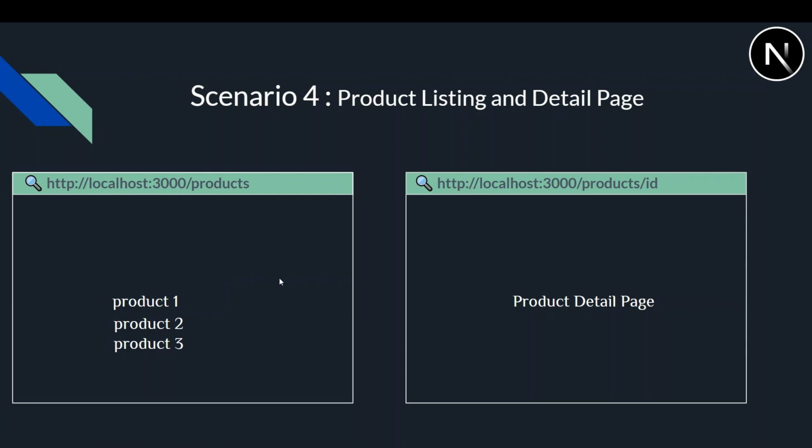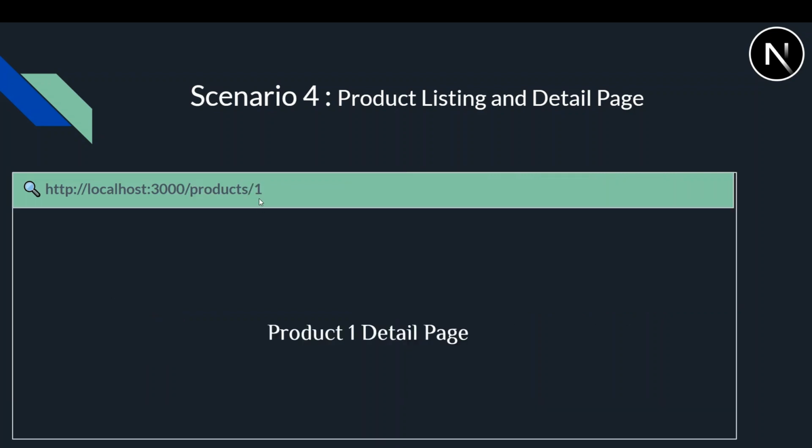Once a person clicks on product 1, they will be redirected to a URL related to that particular ID. So the product ID will take you to the product detail page. When someone visits localhost:3000/products/ID, they will see the detail page of that particular product. For example, when we click on product 1, it will show the URL localhost:3000/products/1 and we see the product 1 detail page.